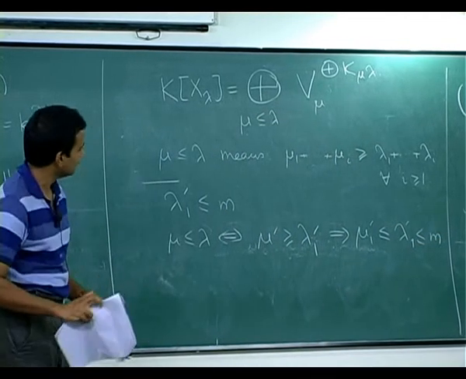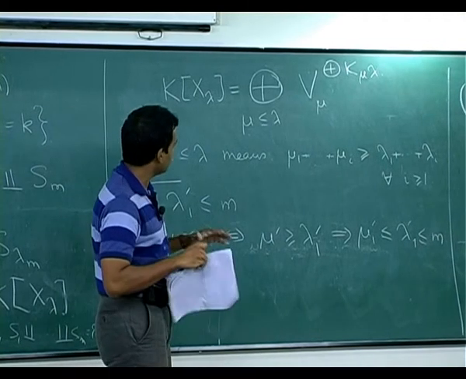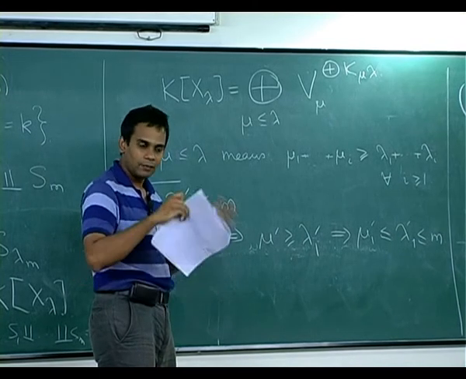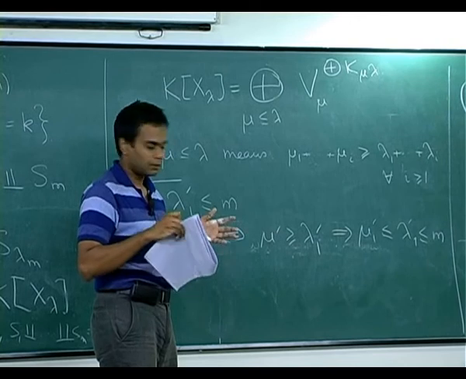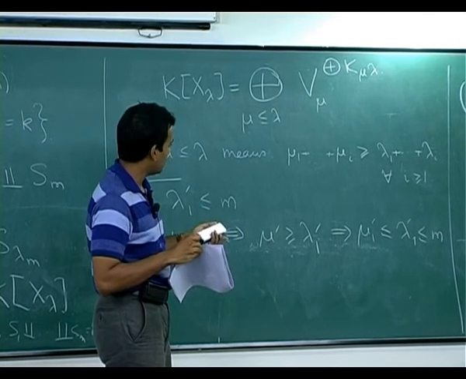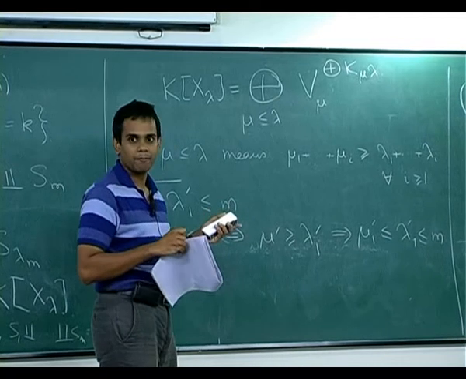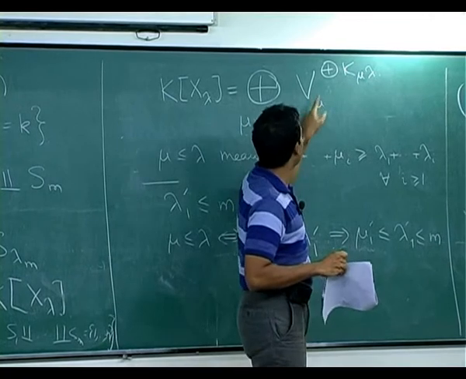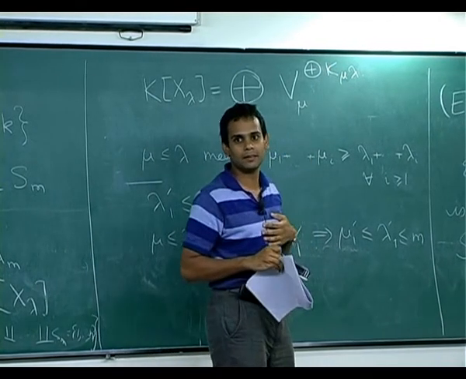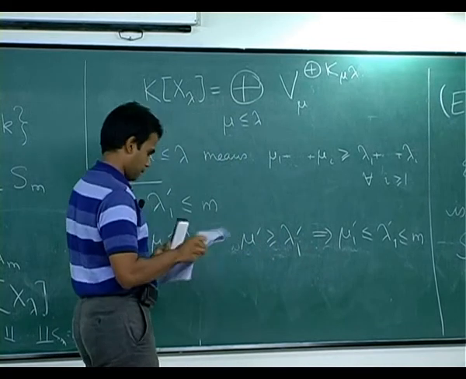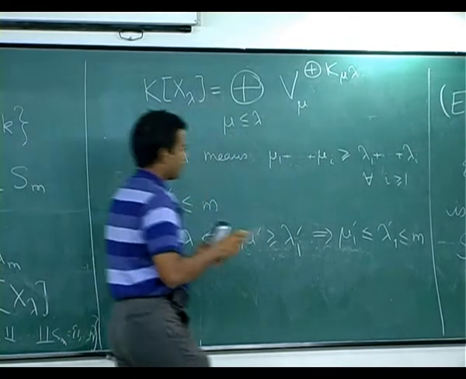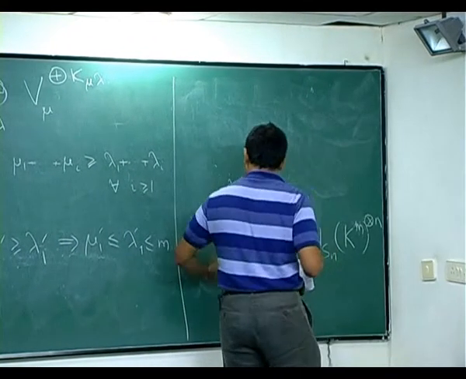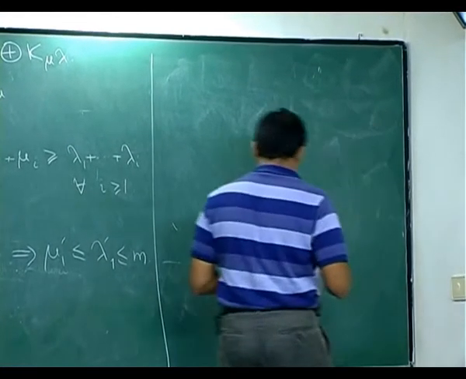So, the conclusion is that the irreducible representations of S_n which occur in k^m n-fold tensor power are the V_lambdas for which lambda has at most m parts, and all those do occur, because in here there is one piece V_lambda where the multiplicity is 1. Let me just write that down, because it is the conclusion of all this discussion.